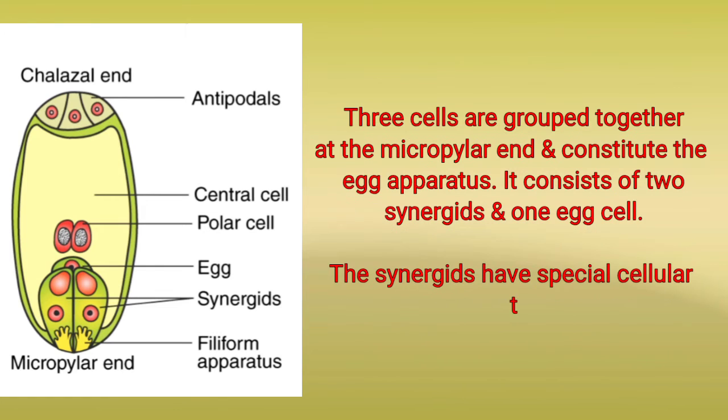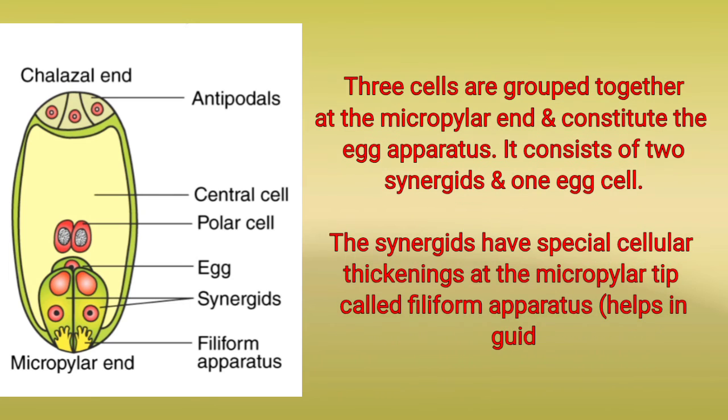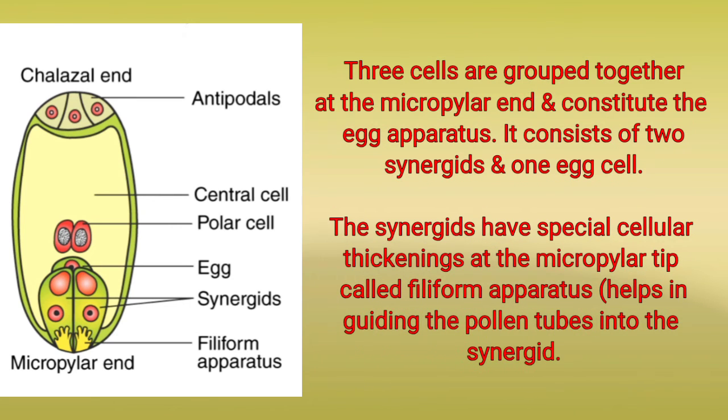The synergids have special cellular thickenings at the micropylar tip called the filiform apparatus. The filiform apparatus helps in guiding the pollen tubes into the synergid.